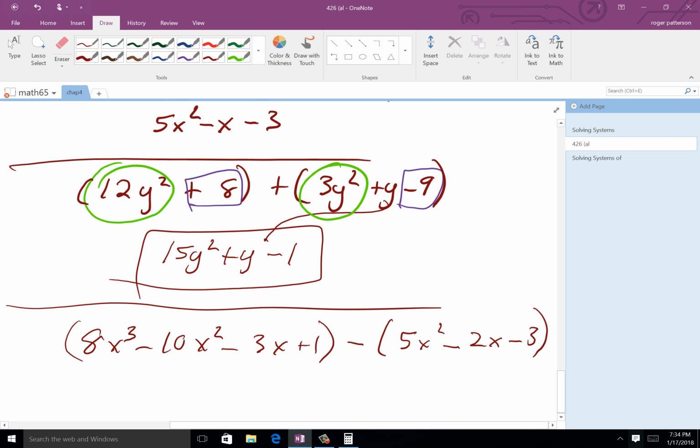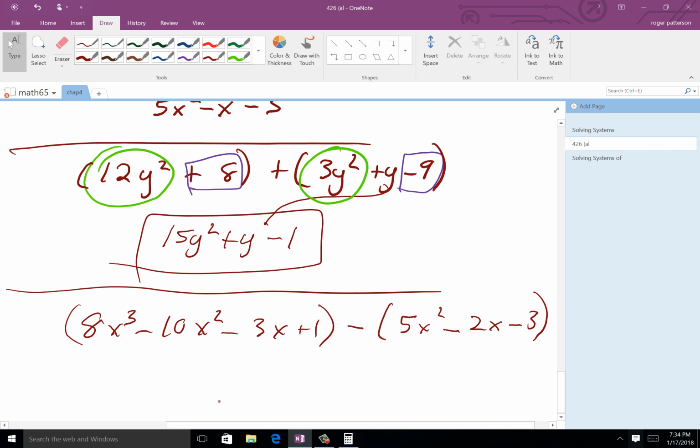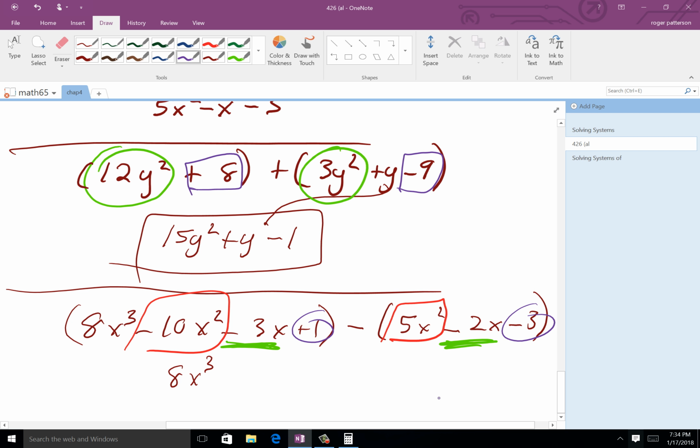So here again, I have an x cubed here, but I don't have anything over on this side, so I just bring that down. I don't worry about it, and now I'm going to combine my like terms. So I have this one here, this one here, this one here, and this one here, and these two.